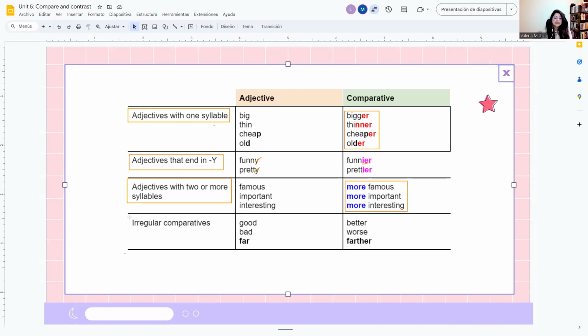And finally, last but not least, we have irregular comparatives. Let me go back. Irregular comparatives. So in these irregular comparatives, we have three now, which are good, bad, and far. So good becomes better, bad becomes worse, and far becomes further. So instead of saying, let's say, maths is a more good subject than physics, that doesn't work.